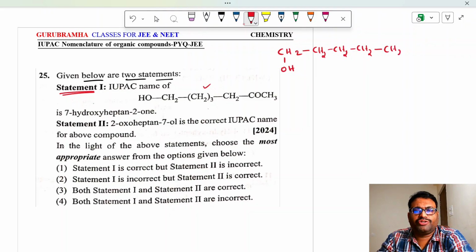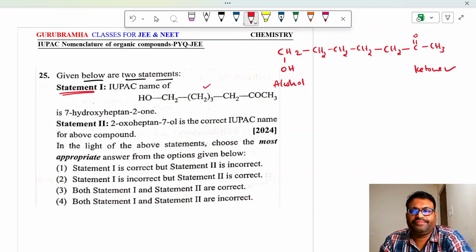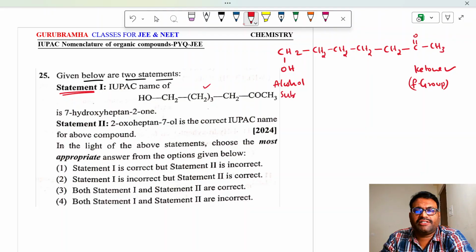Next CH2, C double bond O, CH. So two functional groups: one is ketone, another is alcohol. Among these two functional groups, which has more priority? Ketone has more priority. So ketone is considered to be the functional group and alcohol is considered as a substituent.